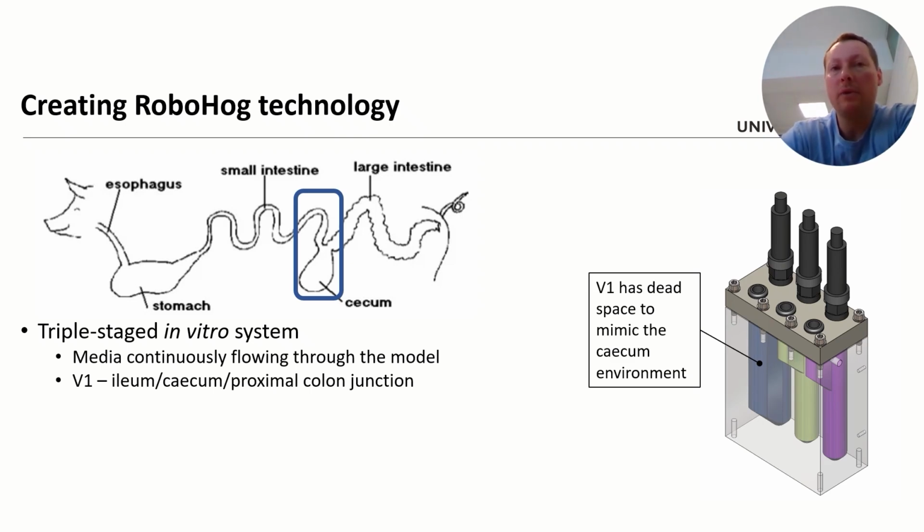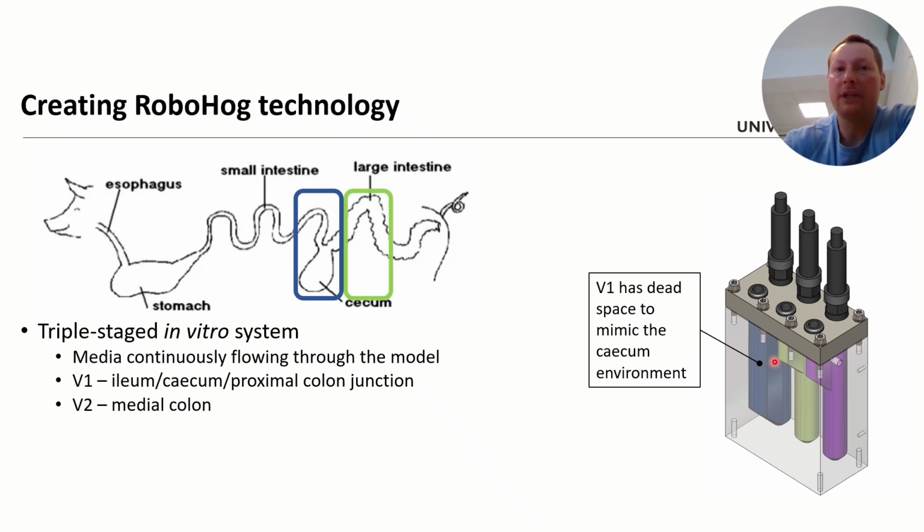So this is how we've designed RoboHog, where we've got three individual compartments, and this first compartment is really replicating that ileum, cecal and proximal colon junction. The way that we designed this first vessel is to have a lot of dead space on the internal parts of this vessel, and this really mimics the cecum environment that can then be expelled and make its way through to the colon.